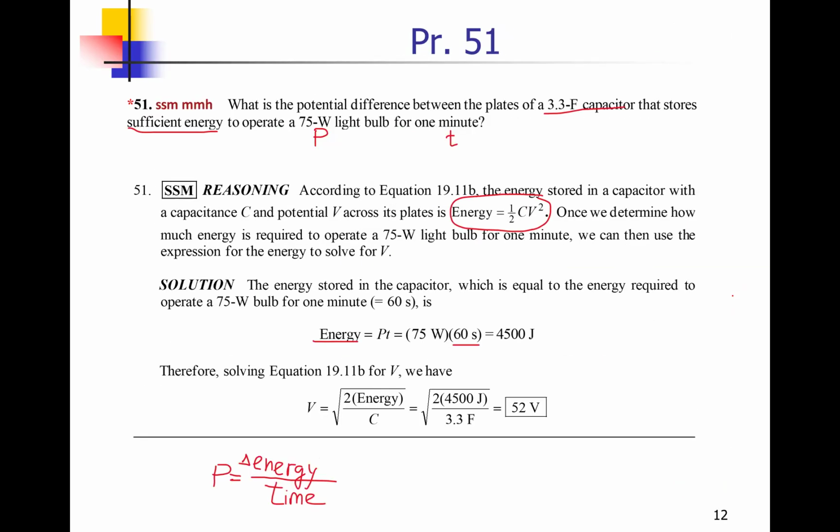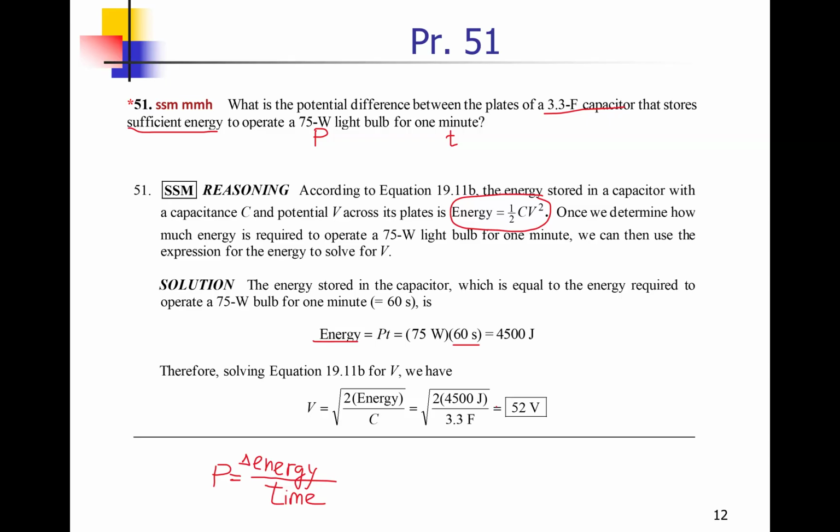And problem 51, and also energy is power times time. Here energy is 1/2 CV squared. We didn't go over this calculation in our class, but the energy stored in a capacitor is 1/2 CV squared.